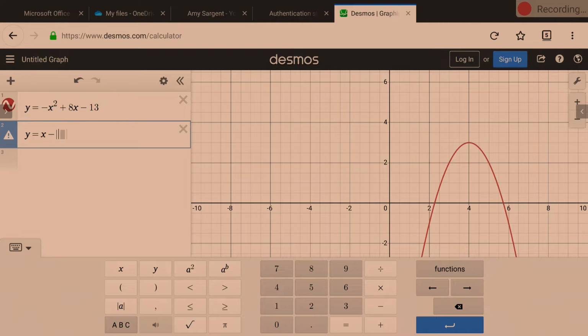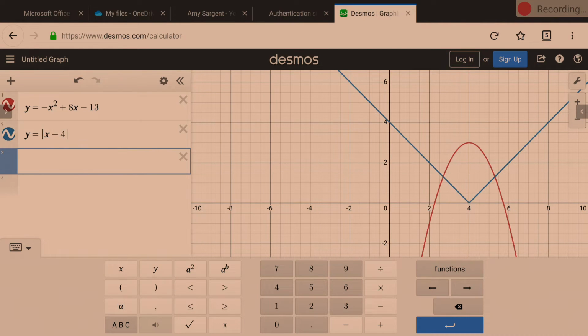You have to press inside. Sorry, this is hard doing this on the big screen. Okay, absolute value, x minus 4. There we go.